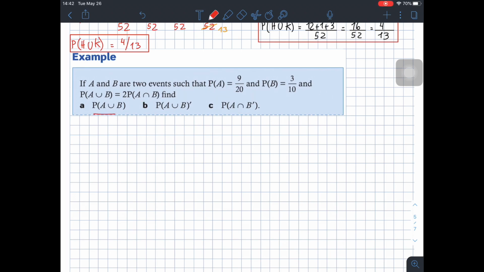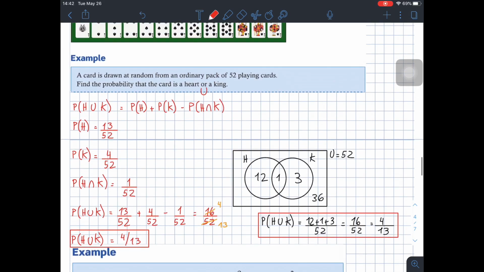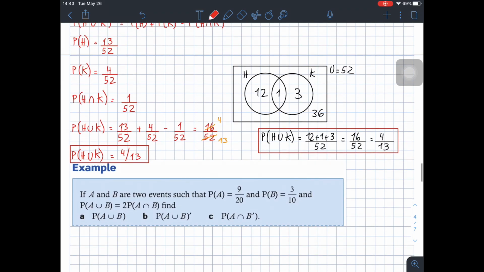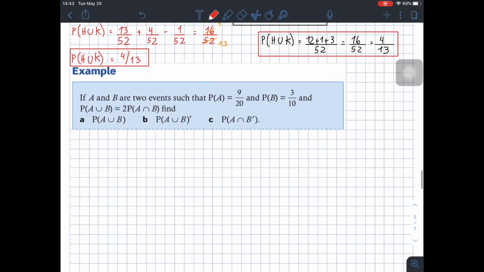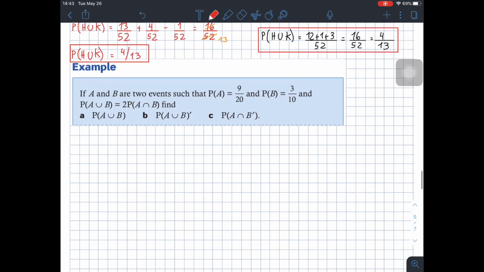So you see that in this case, we are already given the elements of the formula: probability of A, probability of B, and this information which we're going to see how to use. But it looks easier to work with the formula directly rather than trying to build the Venn diagram in this particular case. So let's analyze this.